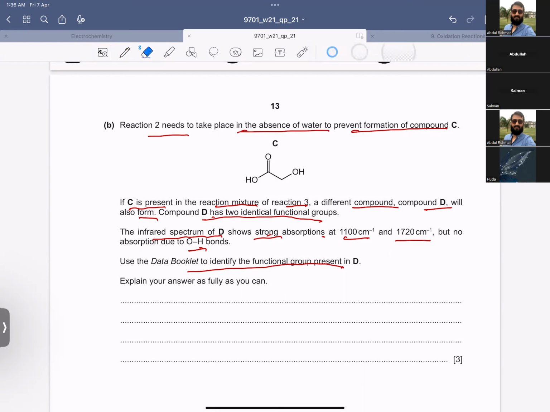Okay. So if you look at the data booklet, the infrared table, you will find that this signal is due to carbon-oxygen single bond, and this signal is due to carbon-carbon double bond. And no absorption at OH, which means there is no OH group.